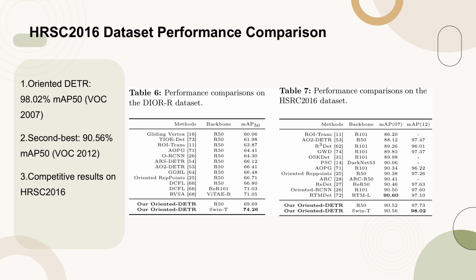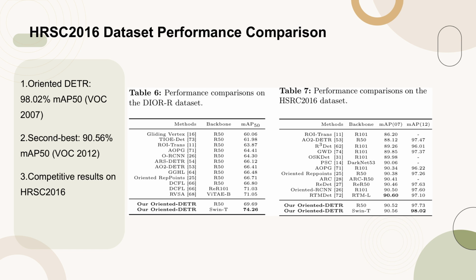Table 7 presents a comprehensive comparison of various methods on the HRSC2016 dataset, highlighting the performance of oriented DETR. The table shows that oriented DETR achieves the highest accuracy of 98.02% under the Pascal VOC 2007 metrics, demonstrating its superior performance.